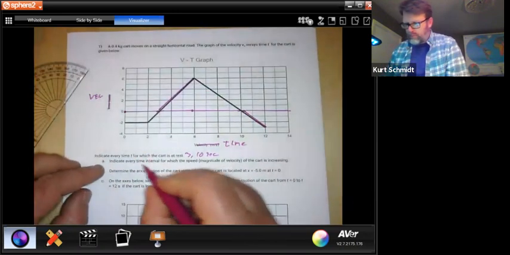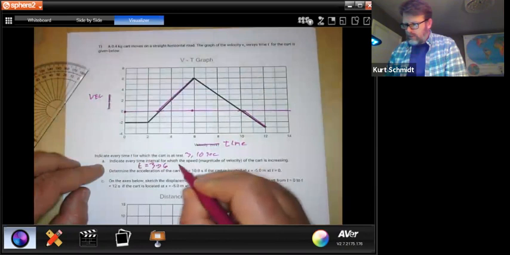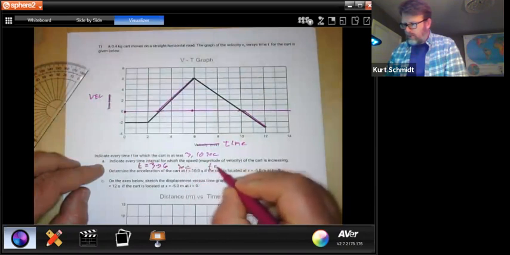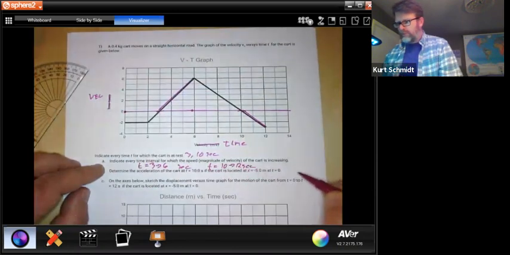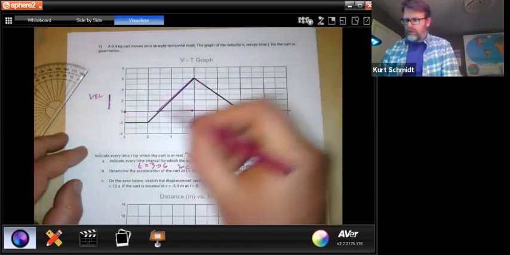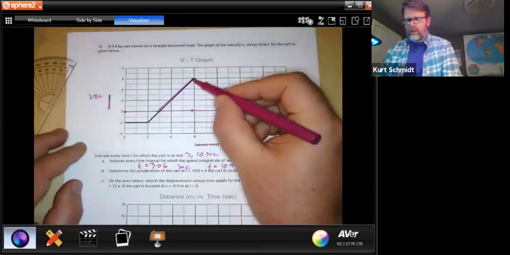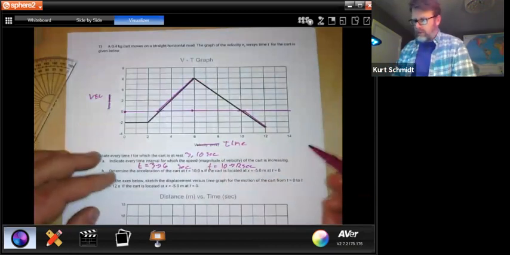So that is for t from 3 to 6 and t from 10 to 12 seconds. A lot of you wanted to say 2 to 6 was an increase in speed. It's an increase in velocity, but it's not an increase in speed.